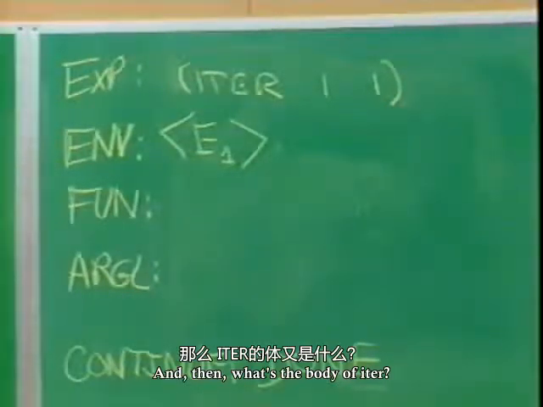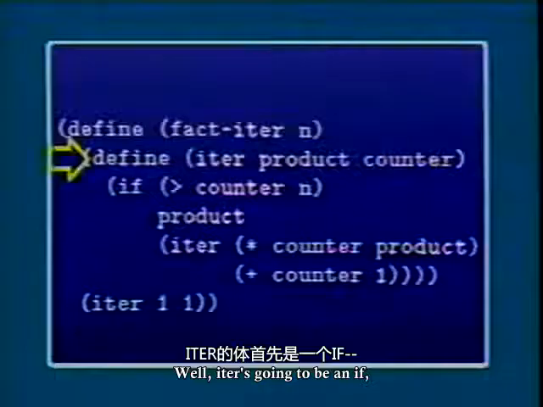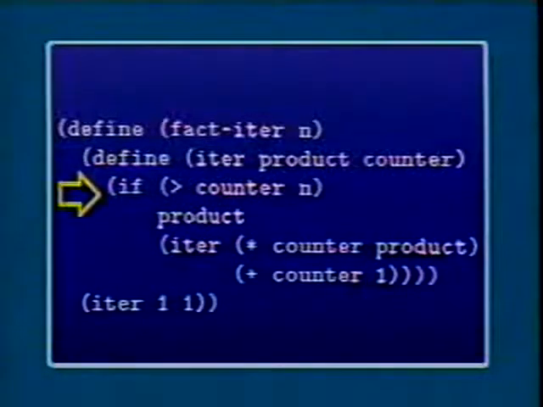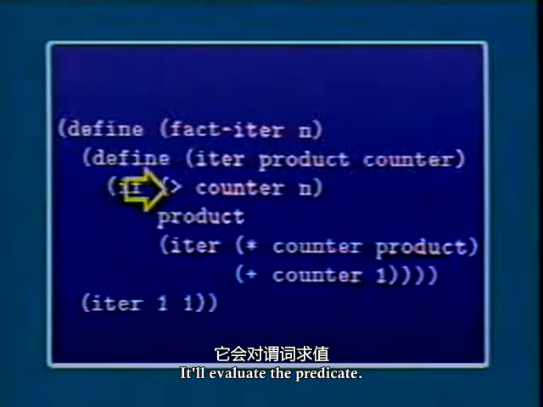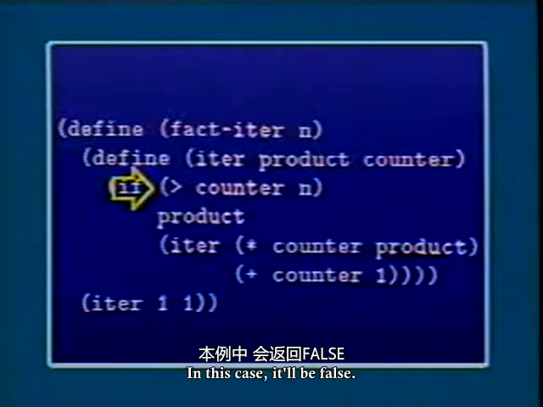Okay. And then, right, what's the body of iter? Well, iter is going to be an if. And I won't go through the details of if. It'll evaluate the predicate. In this case, it'll be false.